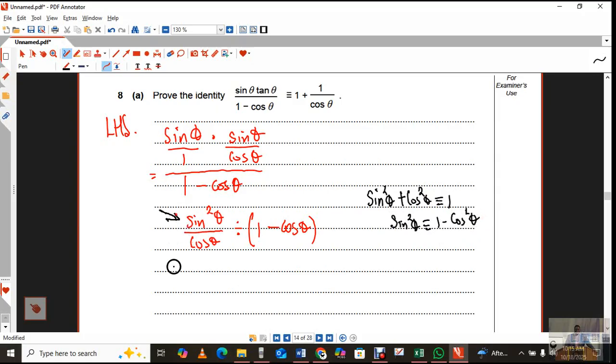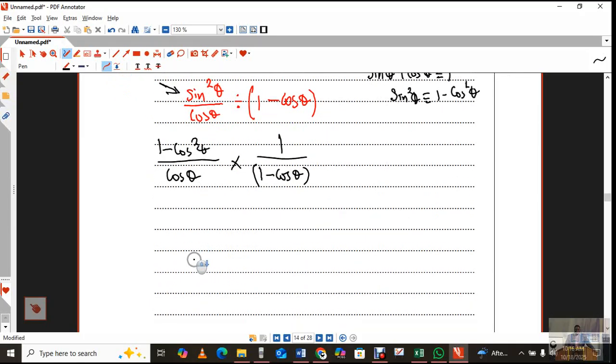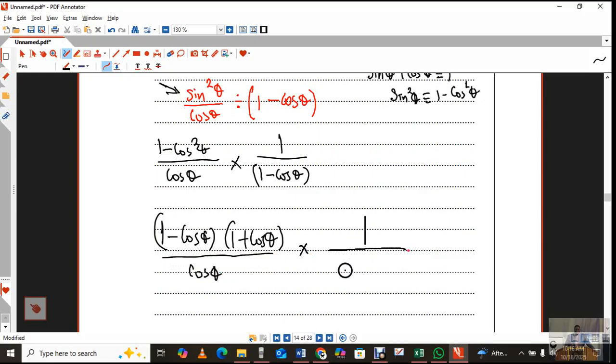So this one on top, I'm going to write as 1 minus cos square theta, all over cos theta, times 1 over 1 minus cos theta. Then what you have here, the numerator, is the difference of two squares. So this is 1 minus cos theta, and then 1 plus cos theta, all over cos theta, times 1 over 1 minus cos theta.